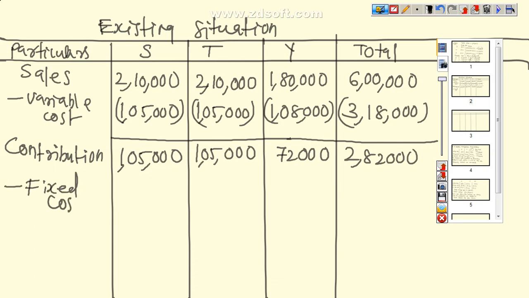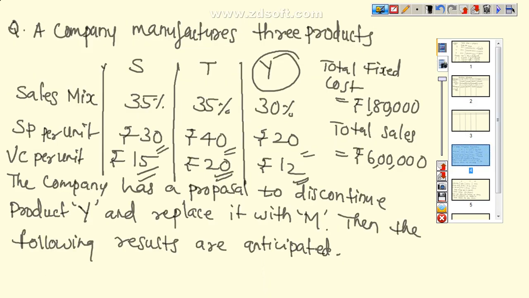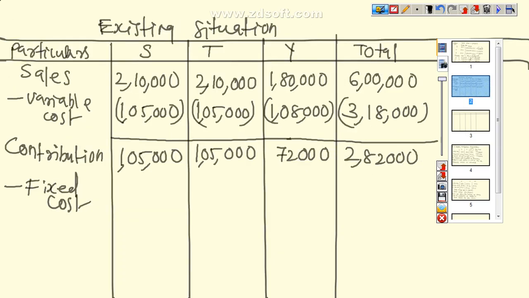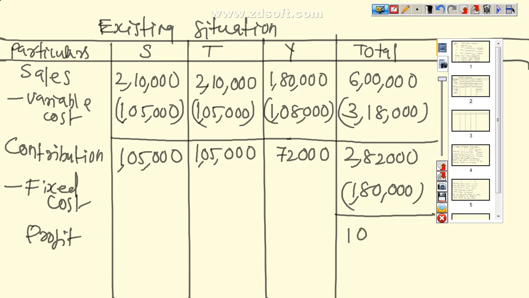Fixed cost, also known as fixed overhead or fixed expenses, is given in the question. Fixed cost is 1,80,000. So we write it here, 1,80,000. If the answer is positive, then it is profit. So profit is equal to 1,02,000.